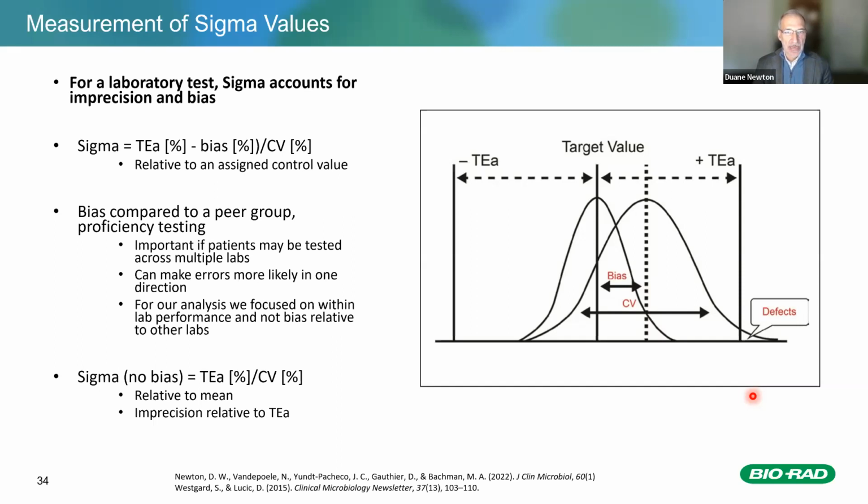You could have a positive bias and over quantify in one assay, or a negative bias and under quantify. For our analysis, though, we focused on within lab performance with a single instrument pathway for testing, and assumed that there was no bias for purposes of our calculation. So if you redo this equation, removing bias, it's really TEA as a percent relative to a mean divided by your coefficient of variation as a percent.